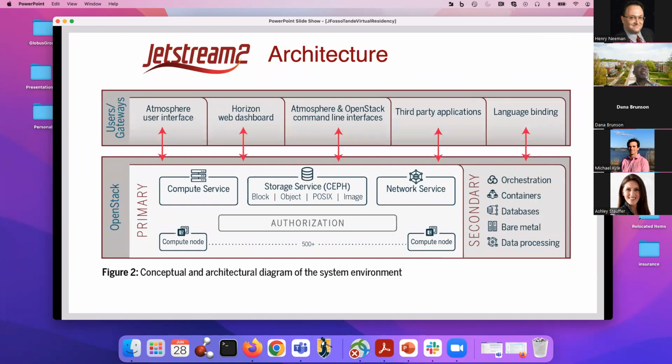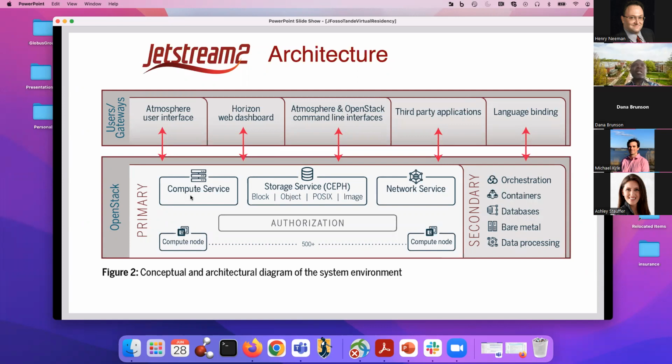So the Jetstream architecture: you have OpenStack, you have the user gateway, as said previously, the Atmosphere user interface, the Horizon web dashboard, we'll see one of those, Atmosphere and OpenStack command line interfaces, third-party applications, and language bindings. The primary infrastructure is on OpenStack, and this is composed of what?